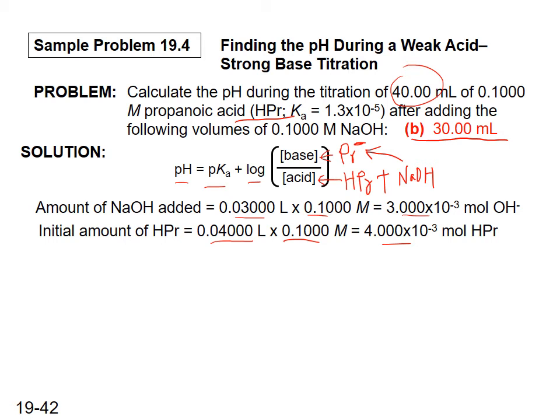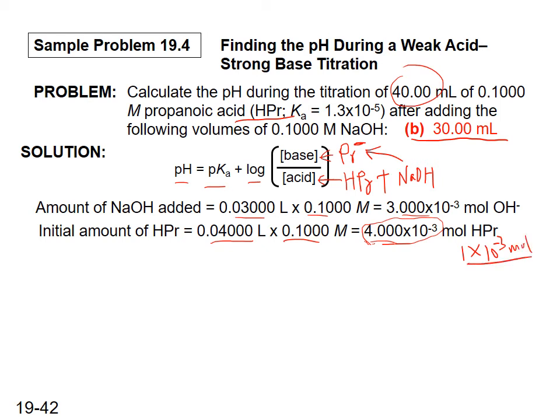You can see the acid is in excess. How much in excess? You can simply use 4 minus 3, which gives you 1 times 10 to the minus 3 moles. That's the acid that remains in the solution.